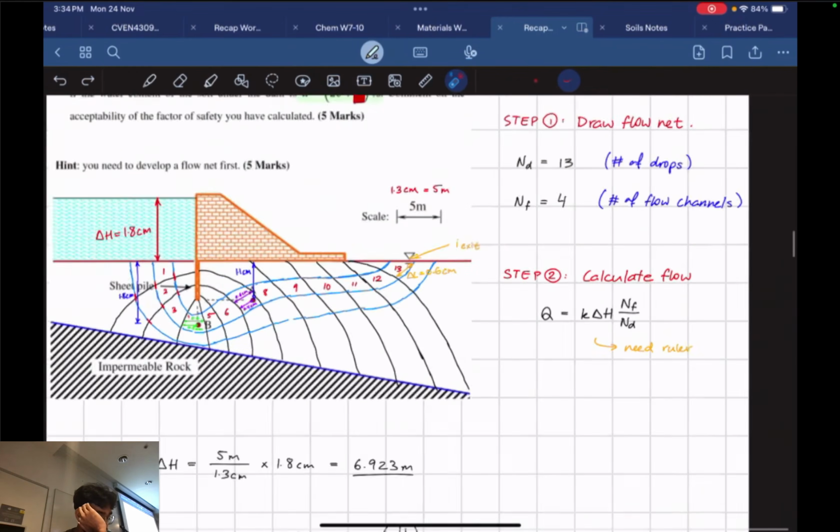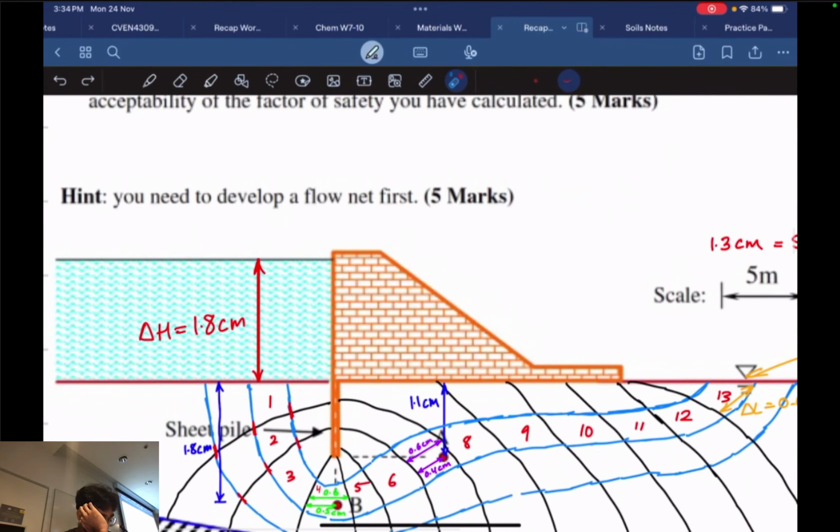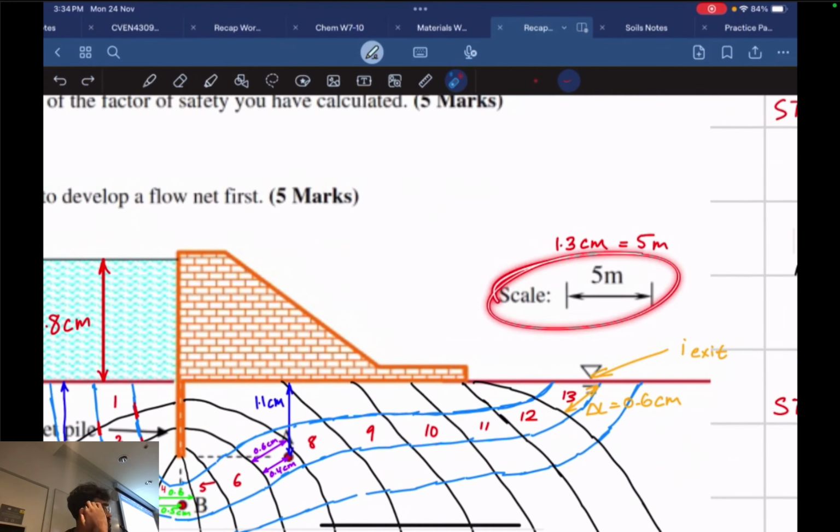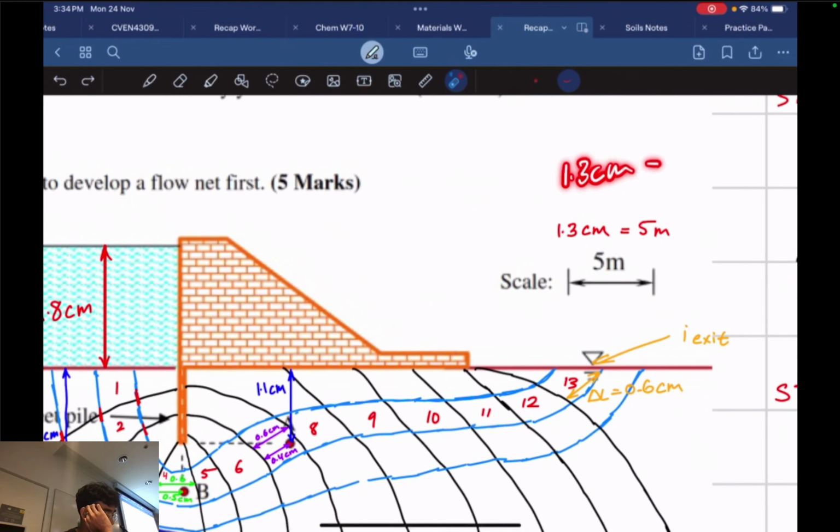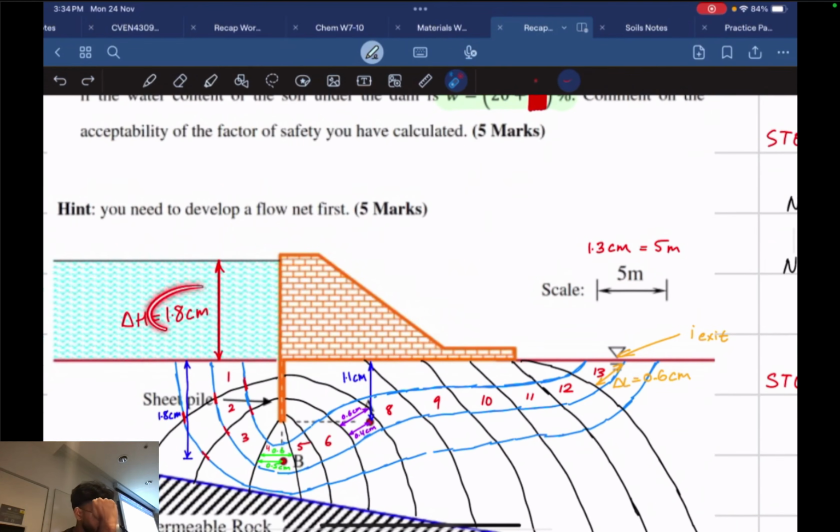Okay? So when I measured this using my ruler, I got 1.8 centimeters. Right? And using my scale, I know that 1.3 centimeters is going to be equal to 5 meters. So I'm going to have to convert the 1.3 centimeters into 1.8 centimeters somehow.